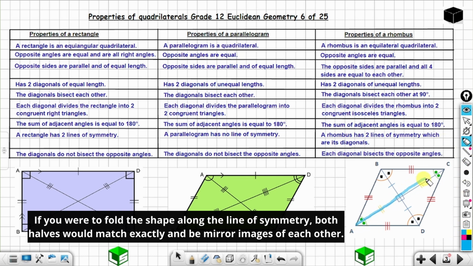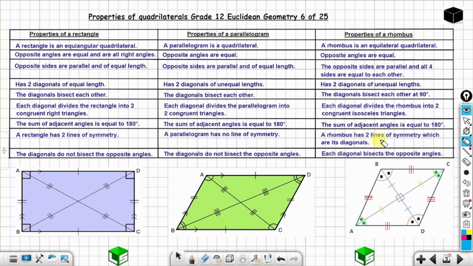If I use this diagonal, this part will be exactly on top of this part. So a rhombus has got two lines of symmetry, which are its diagonals. Two lines of symmetry for a rhombus, two lines of symmetry for a rectangle, no line of symmetry for a parallelogram.